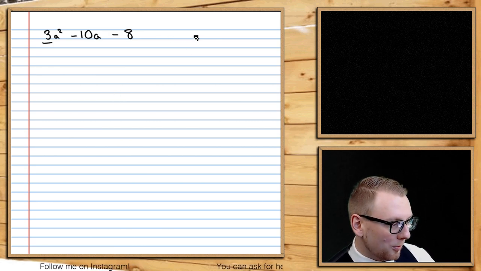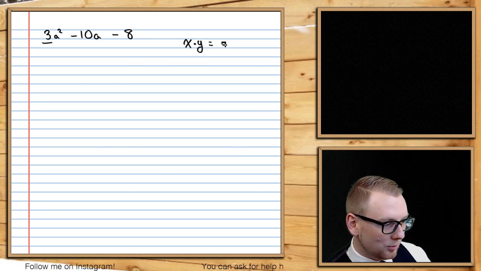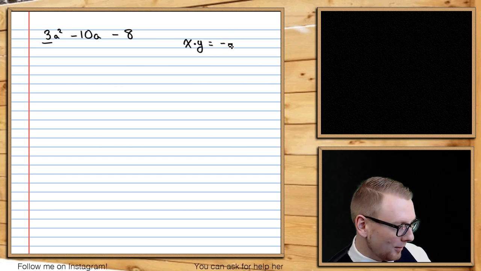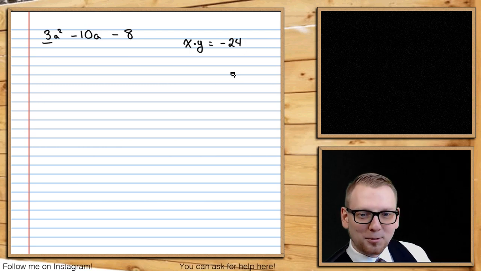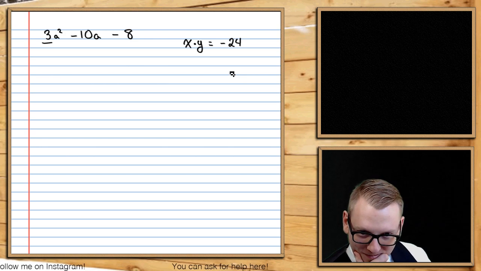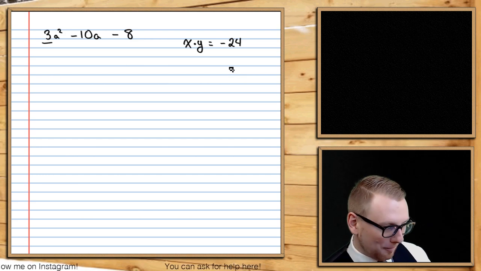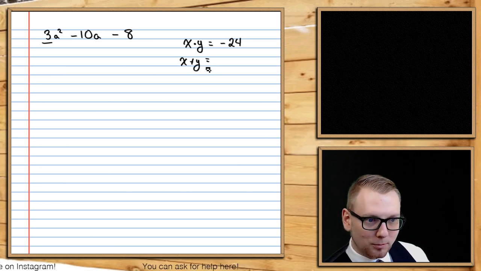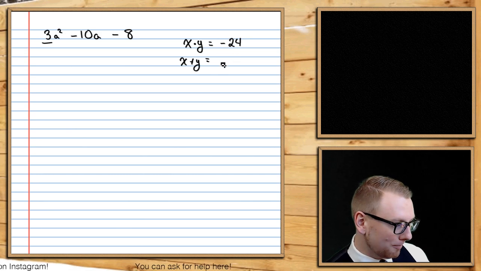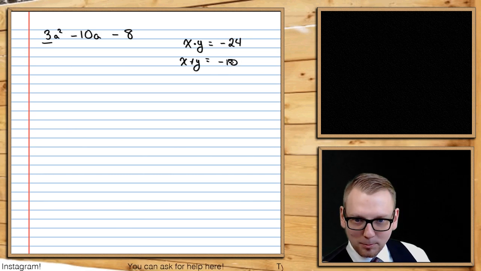So we know that we need two numbers, x and y, that give you minus 24. Then we need two numbers that need to add together to give you minus 10. Okay? You're good on this part?